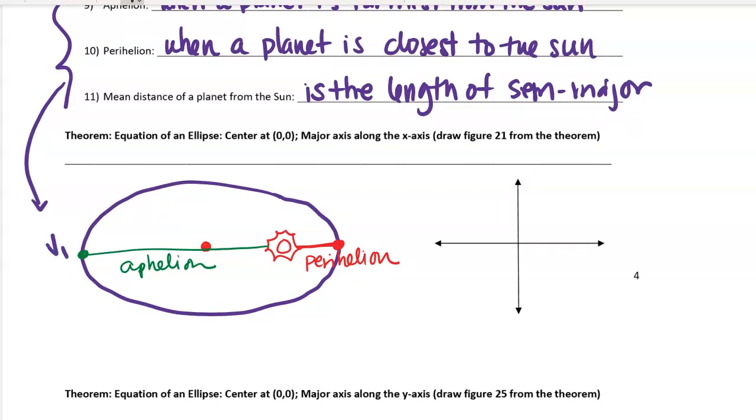So this is vertex 1 and this is vertex 2. This right here is your mean distance from here to here. So it's half of your major, meaning that it's a value of A, okay, 1A. Okay, so those are all of the vocab that you would need. We have 2 theorems, so I'm going to wait for you for a little bit to fill in those 2 theorems, okay?